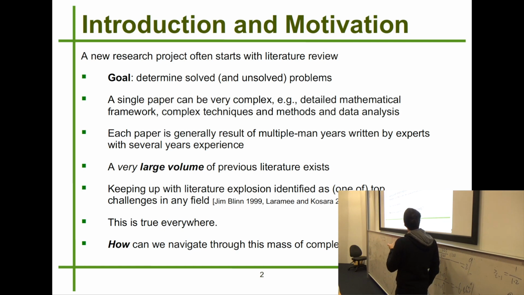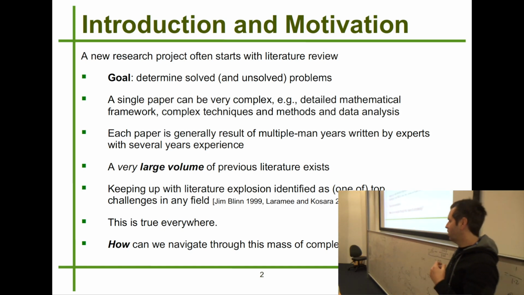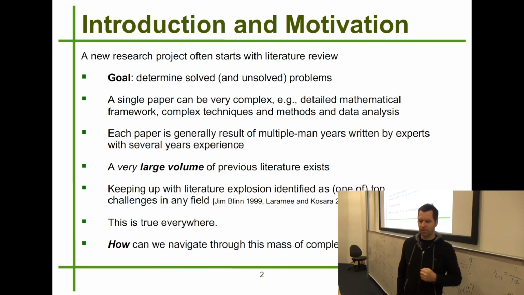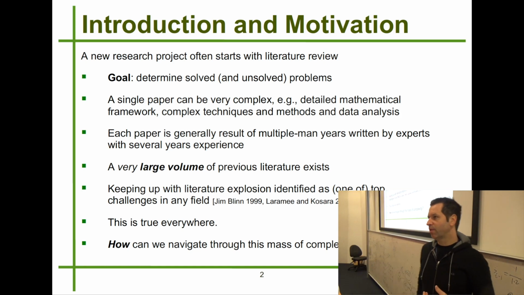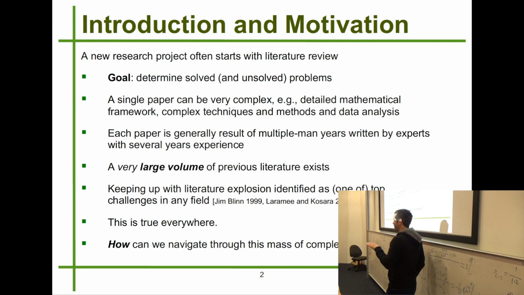They can contain lots of details, like a complicated mathematical framework, maybe a complicated algorithm, or very complicated data analysis techniques. So they're complicated, generally speaking. There are exceptions. In each one of those papers, there's a list of authors. And they've all spent a year or 2 or 3 working on that paper.